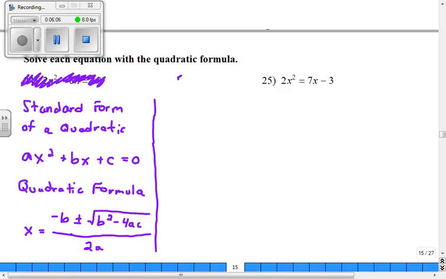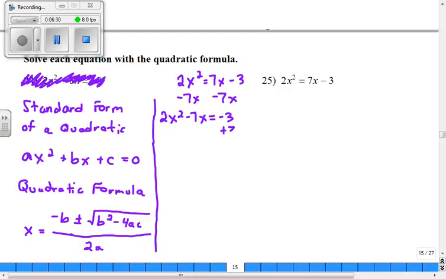So we have 2x squared is equal to 7x minus 3. So I need to get all of my terms on one side. So I'm going to subtract 7x from both sides. So I have 2x squared minus 7x is equal to negative 3.